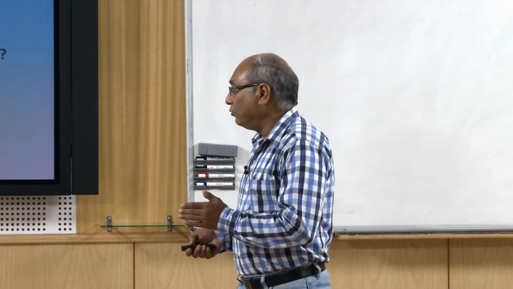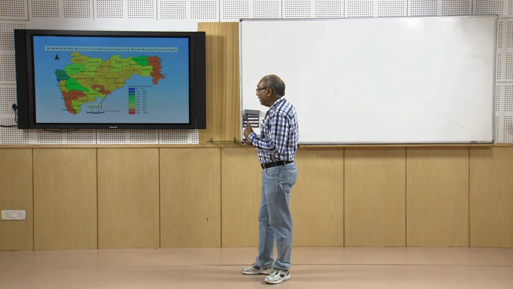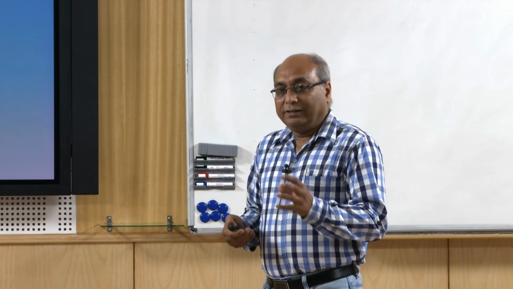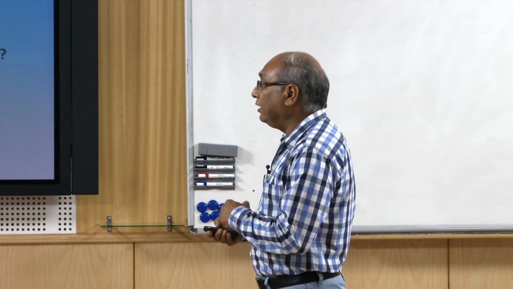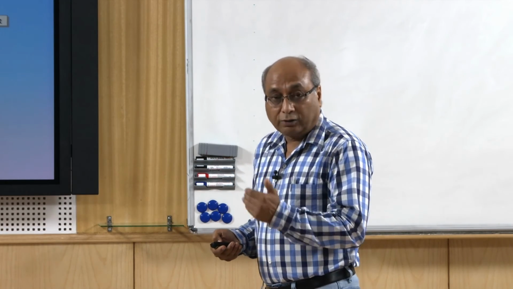In the case of Latur, the rural houses were about 75%, and therefore there were a large number of deaths. So using a simple data set, one can analyze what happened in Latur, and what would happen in some other district if an earthquake occurs.